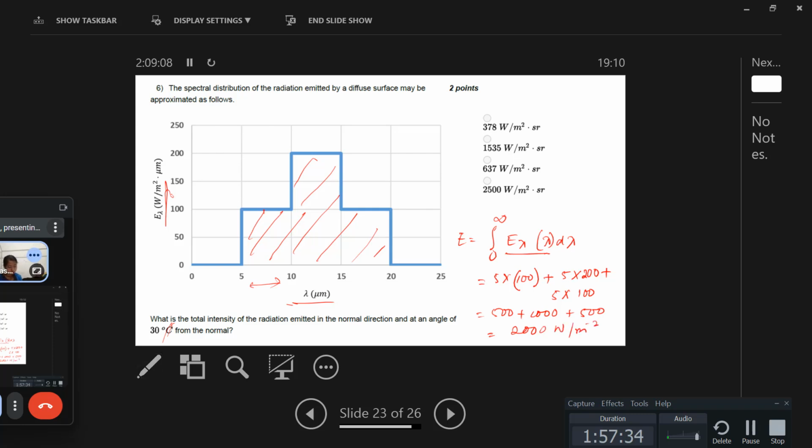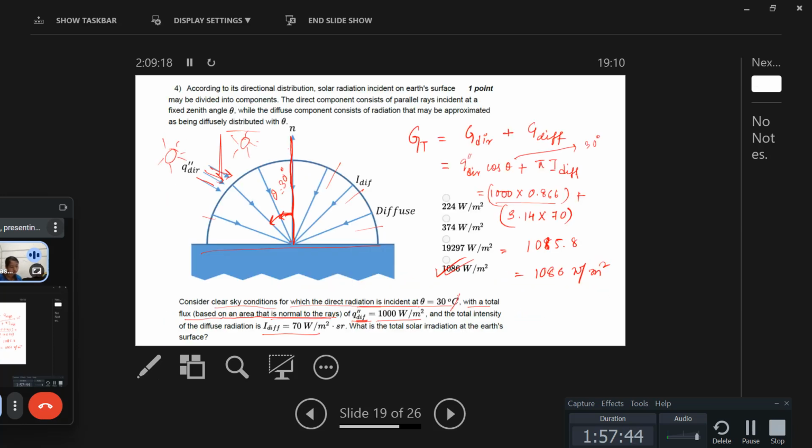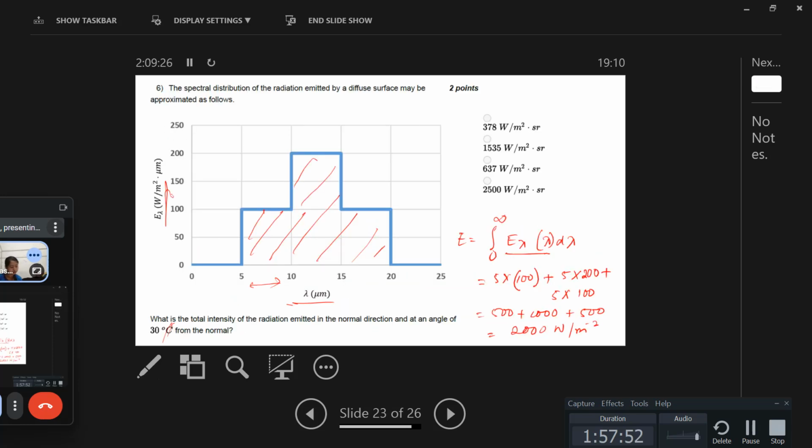So this is the total radiation. Now if you want to find out the intensity, just like we have found out this, divided by pi. So total E divided by pi, 2000 divided by pi. So we get it as 637 watt per meter square steradian. So this will be the answer.